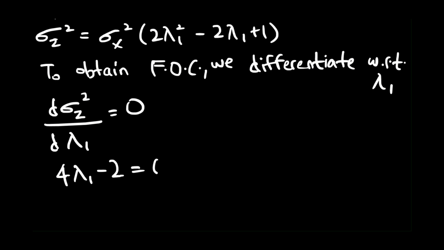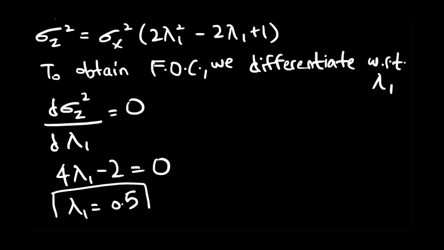And when we equate this to 0, we can simplify this to find that lambda 1 is going to equal 0.5, because 2 is going to go to the other side. So we get 4 times lambda 1 equal to 2, right? And then lambda 1 is simply equal to 2 over 4, which is 1 over 2, which is just 0.5.